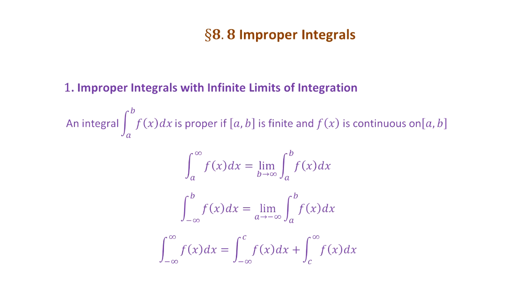So you don't have any jump, you don't have any vertical asymptotes. It is continuous from a to b on the closed interval, so that includes the endpoints also. You cannot have, for example, vertical asymptotes at the endpoints a or b.